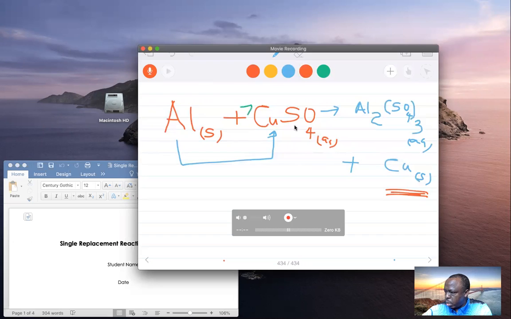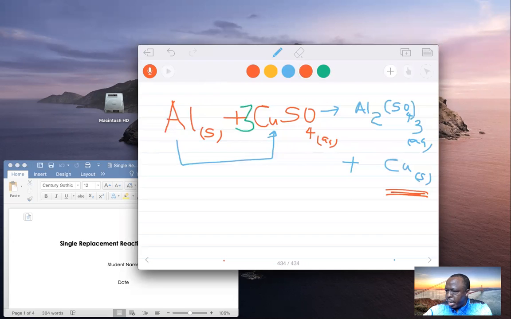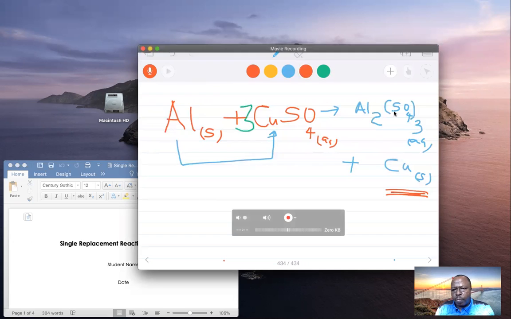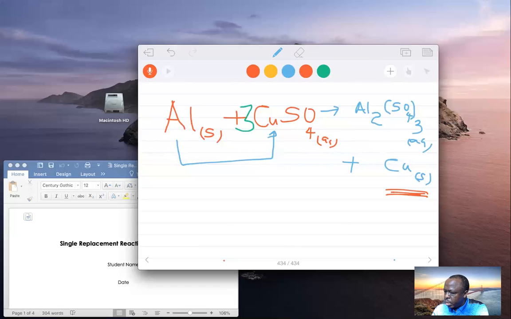Why? Because of 3 sulfate on the product side. So 3 times 1 is 3, so the sulfate is balanced out.